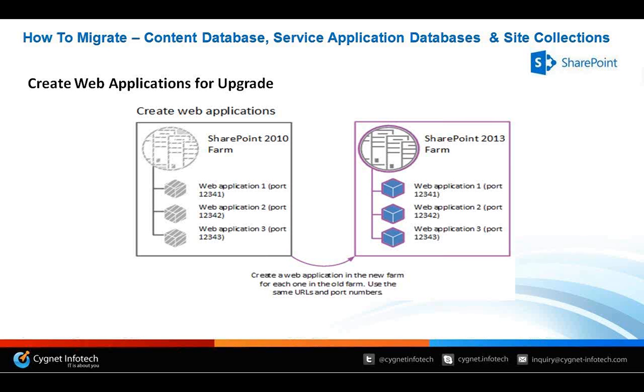Now once I start with the migration, first of all I need the web applications for the upgrade. Whatever web applications you have in your SharePoint 2010 farm, you have to prepare and create the same web applications in the SharePoint 2013 farm. So your environment has to be identical with your older environment.